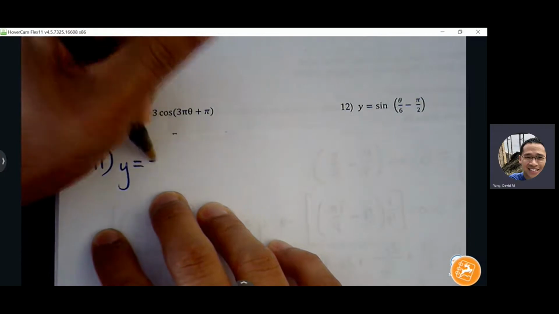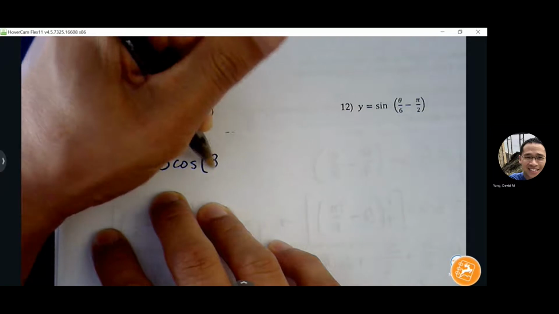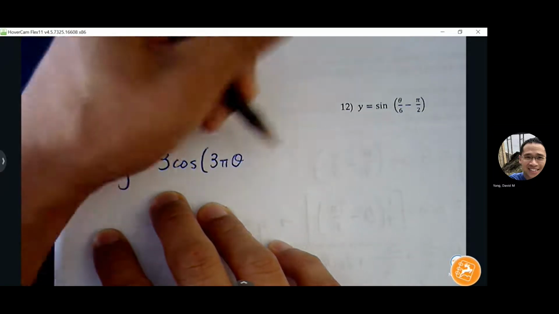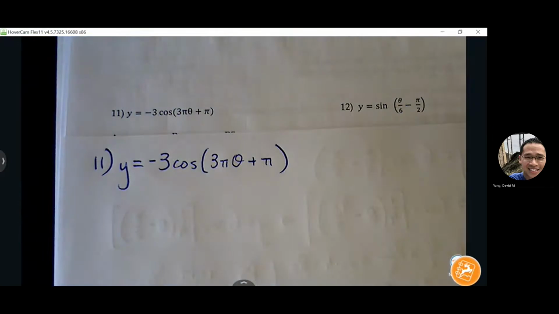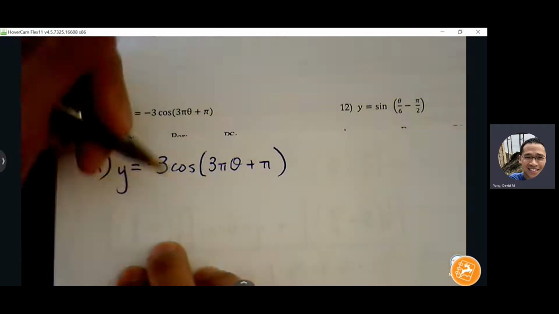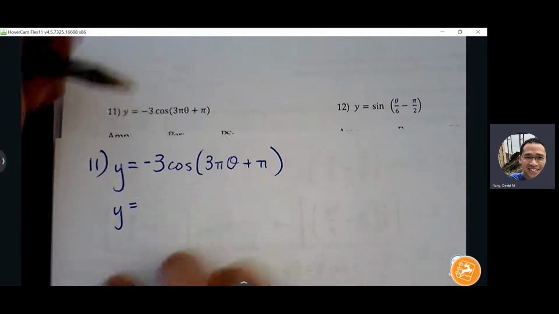Walk us through every step, especially the first step. Number 11 is a little messy because what's out of place? 3 pi, good. So we want that theta by itself, so I need that 3 pi completely outside, separated from that theta.